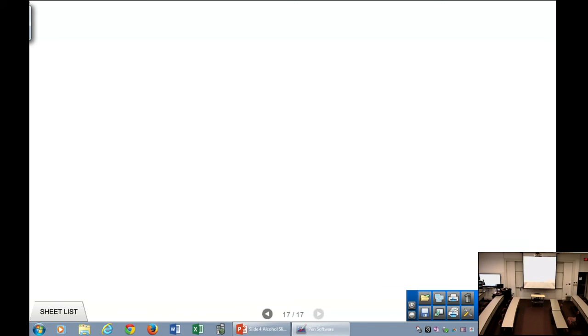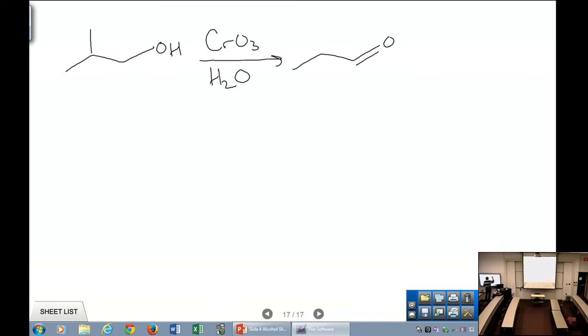Another reagent is, change up my substrate a little bit. Chromium oxide and water, and that will again turn your alcohol into a carboxylic acid. Again, red dot carbon to red dot carbon.